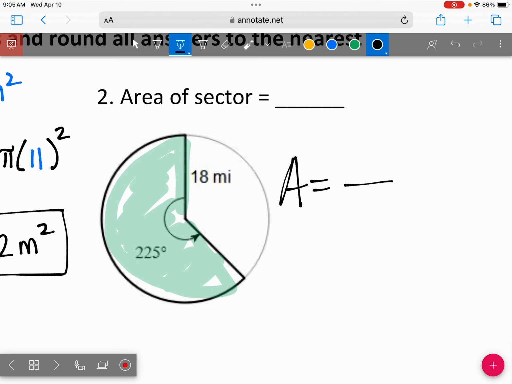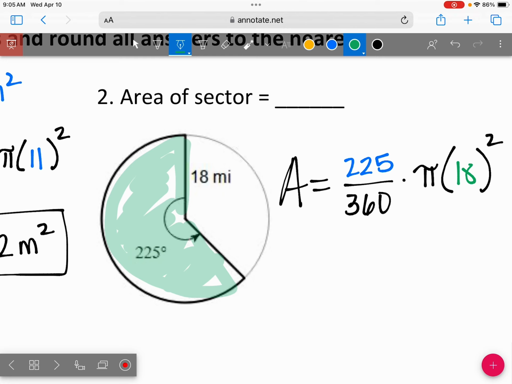The angle. 225. And we're going to multiply that by pi. And the radius is 18. Go ahead, type that in your calculator.